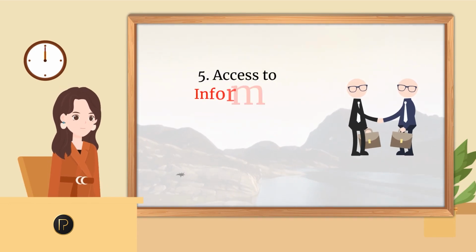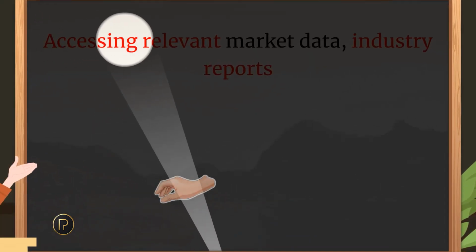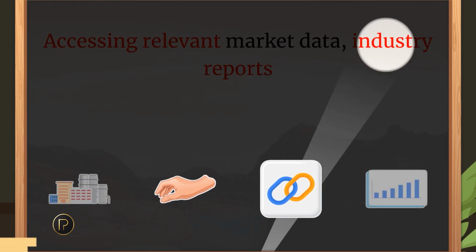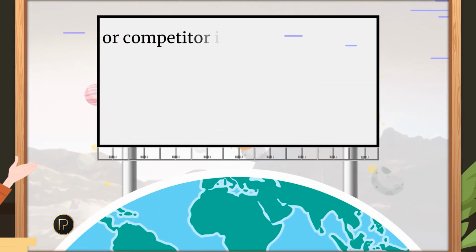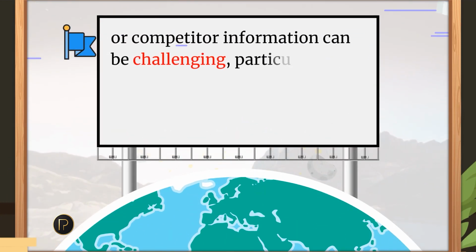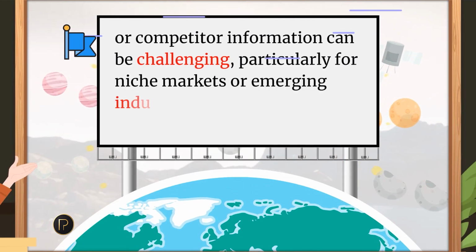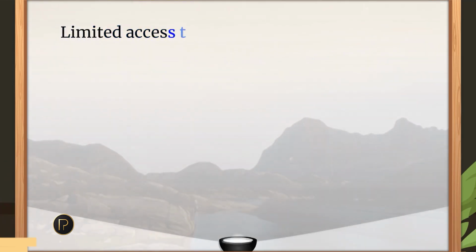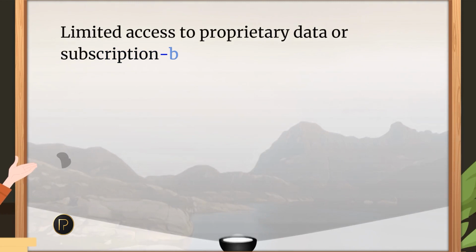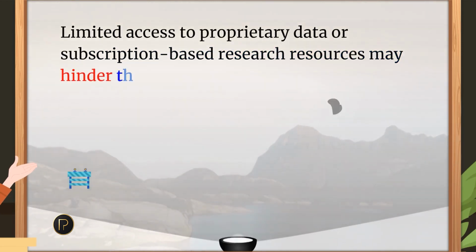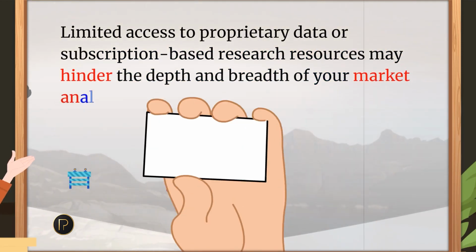5. Access to information. Accessing relevant market data, industry reports, or competitor information can be challenging, particularly for niche markets or emerging industries. Limited access to proprietary data or subscription-based research resources may hinder the depth and breadth of your market analysis.